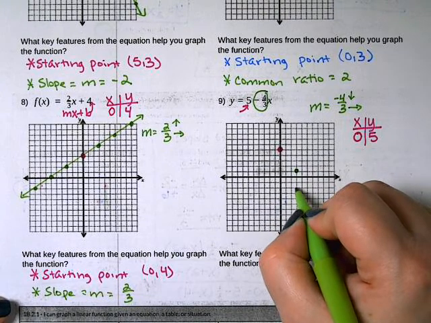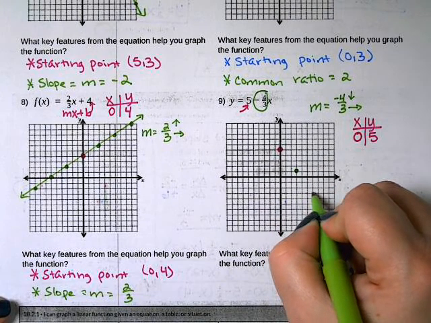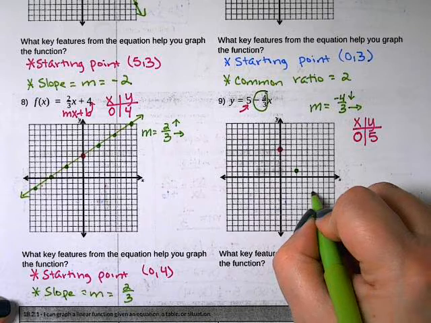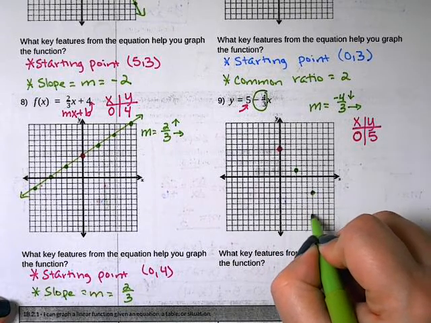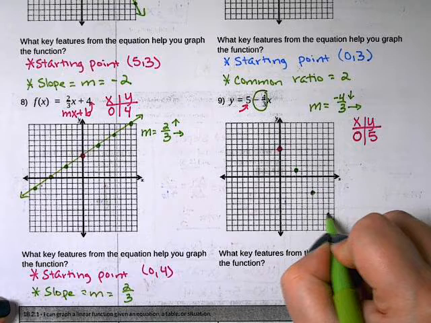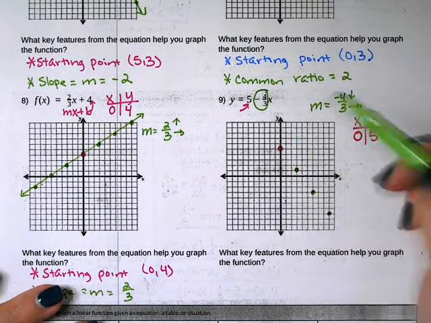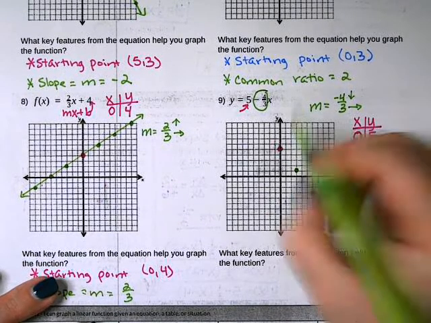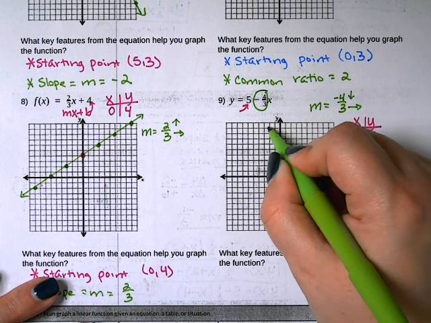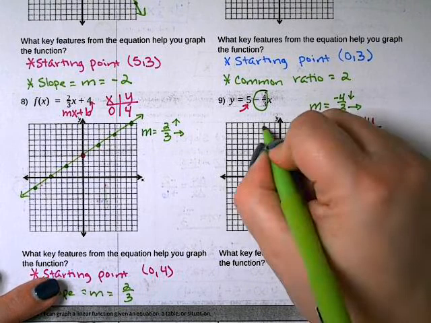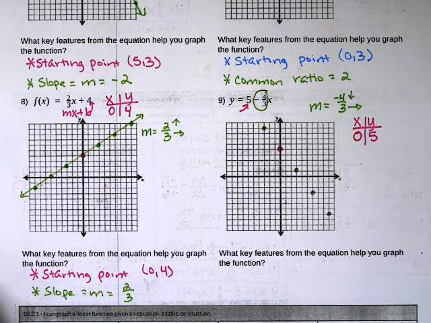Down 4, to the right 3. And then I think I can go the other way, so I'm going to go up 4, and then to the left 3, which is right there. And I can use my ruler to draw my line.